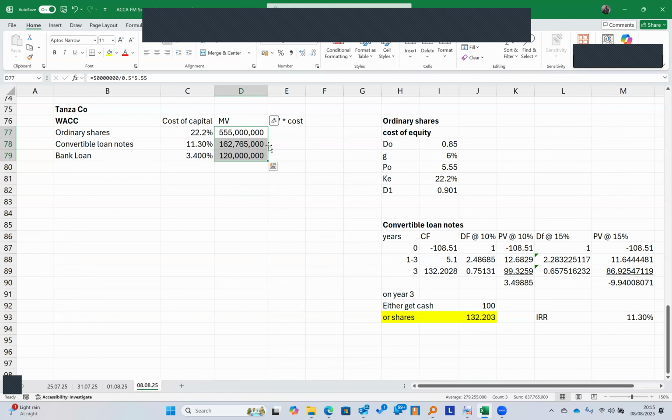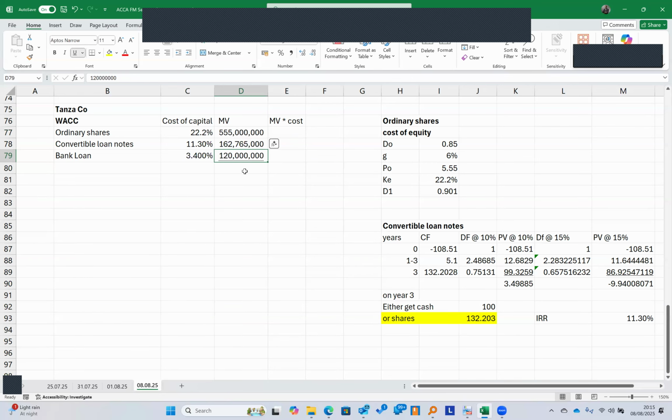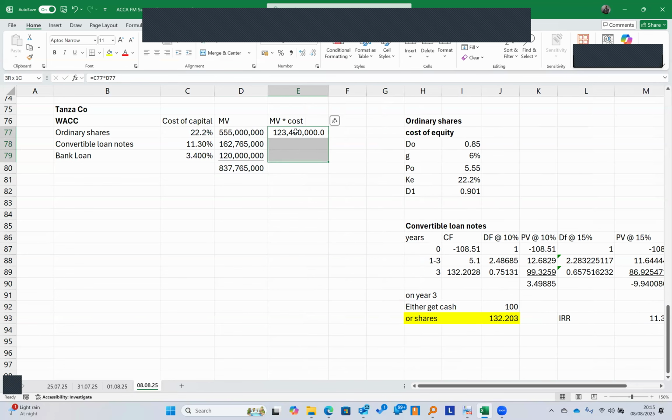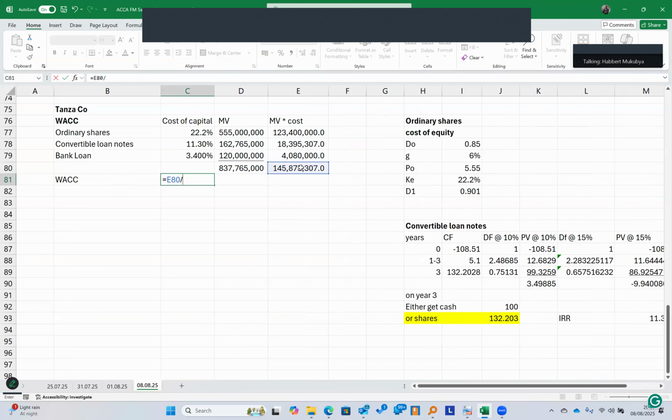Then you can just sum the market values up. Then you can also multiply the cost by the market values. Sum those ones up. Then you can get the WACC by dividing this by that.